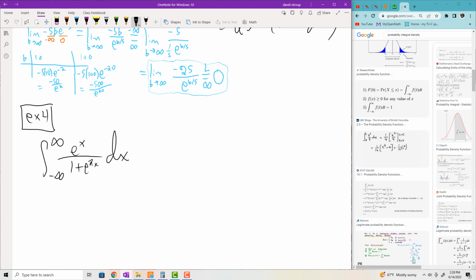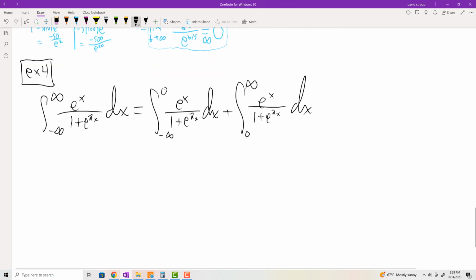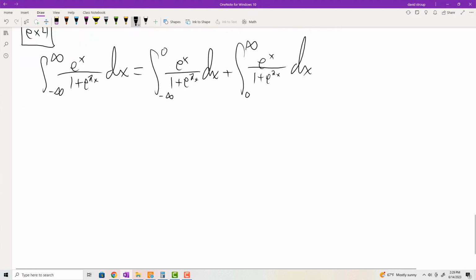Okay. And how do I do it? Well, you're going to split it into 2 integrals at a convenient location. So pick 0. And we know from Calc 1 we could do this kind of transformation. And then plus the other half from 0 to infinity. Then what I like to do is work with each limit individually.